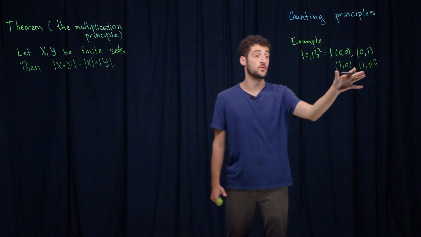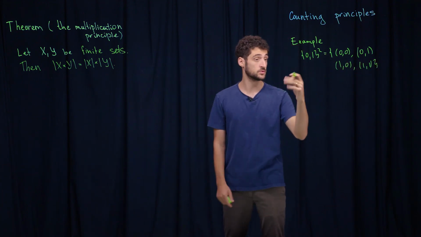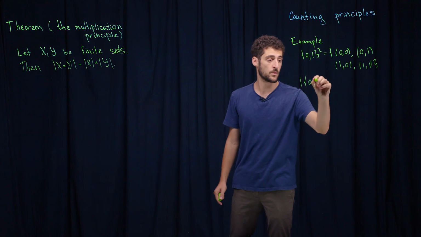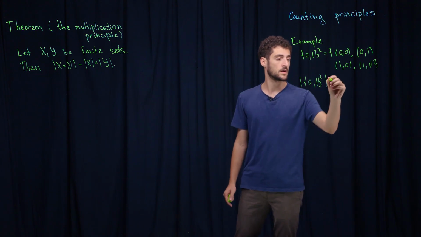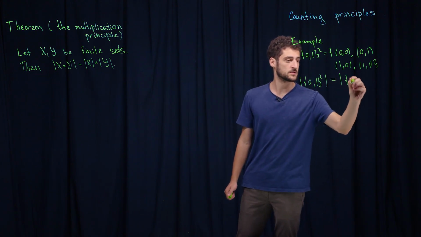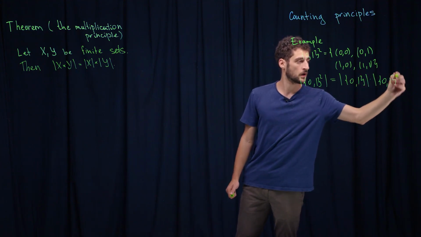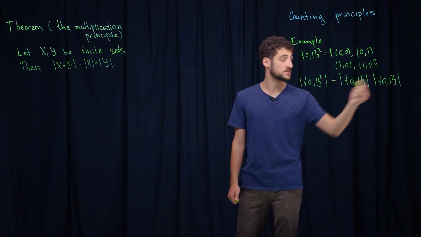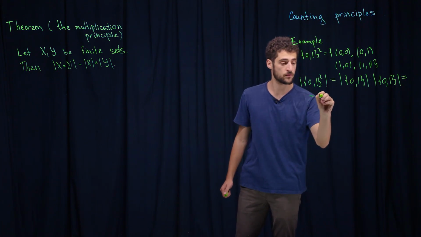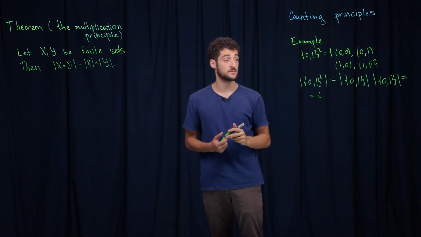So the size should be 4. Let's use this principle to do this. We know that {0, 1} squared has the size of {0, 1} times the size of {0, 1}. Both of these sets have two elements, so the size is 4, exactly as we predicted.